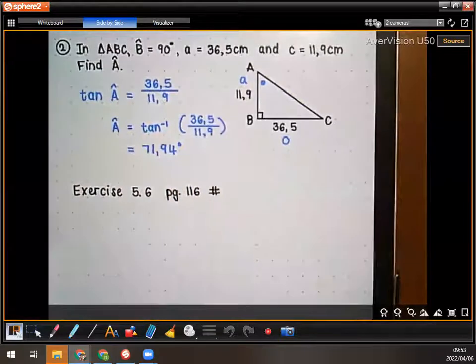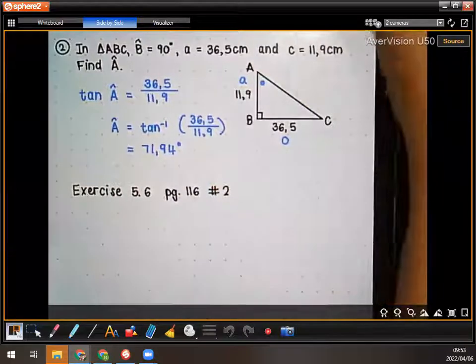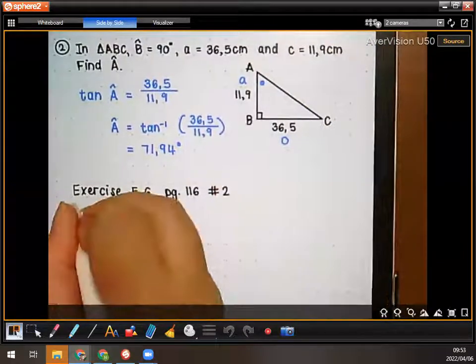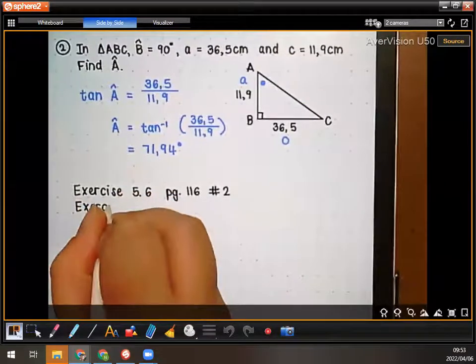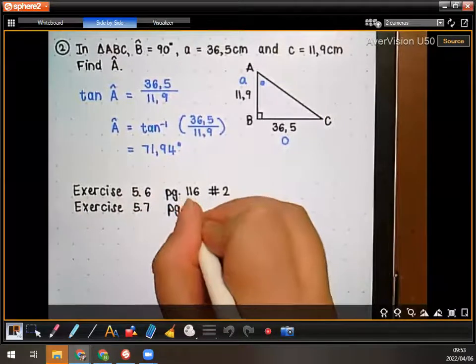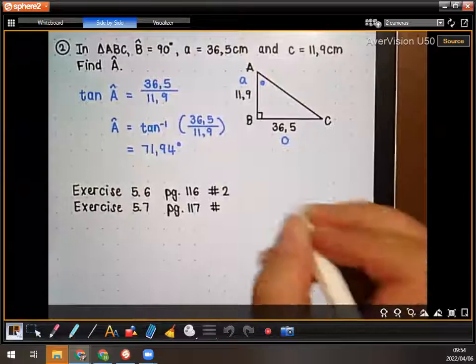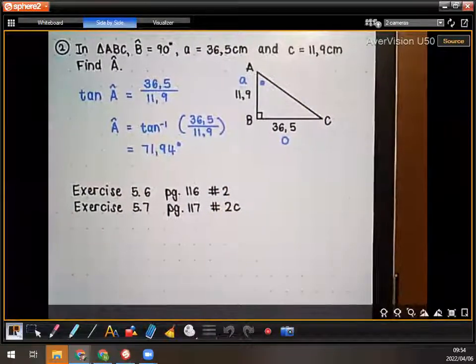I would like you to remember, I'll just do number 2, and then exercise 5.7, just number 2C.